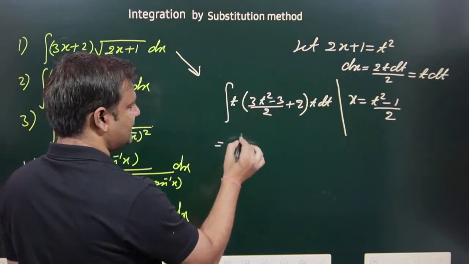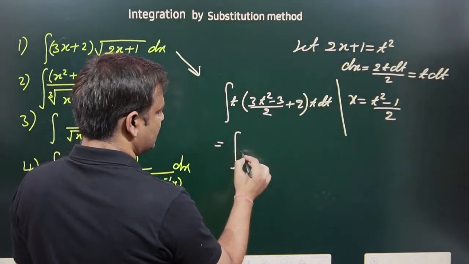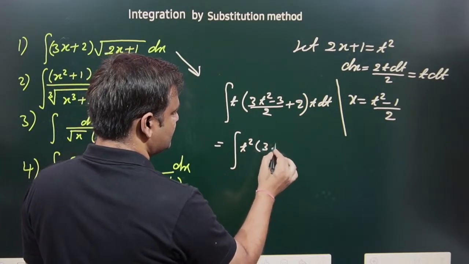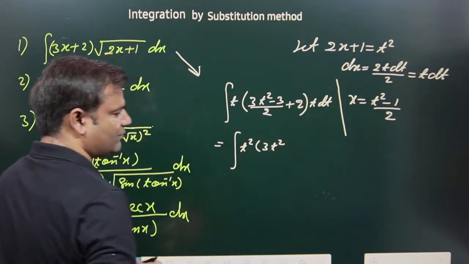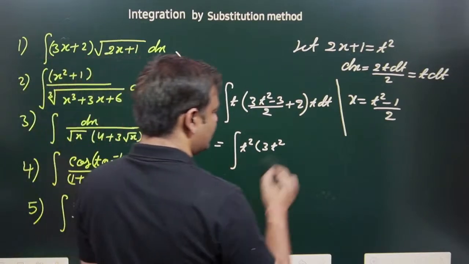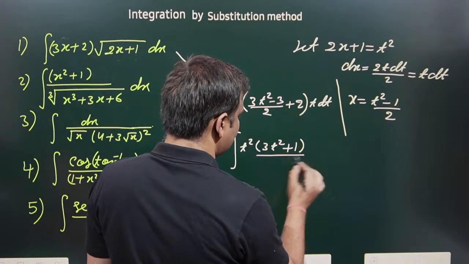Now after that, that is t into (3t square, take LCM, 4 minus 3, that is plus 1) divided by 2 dt.